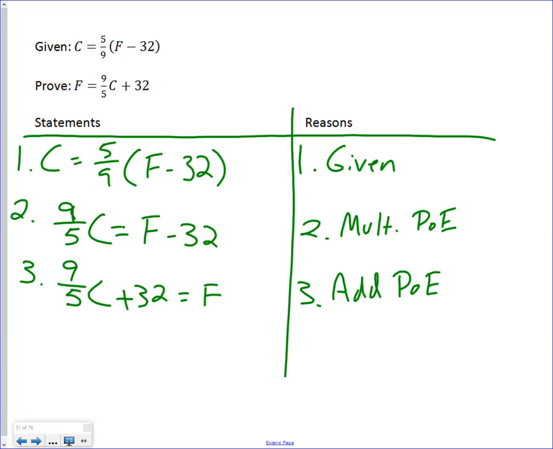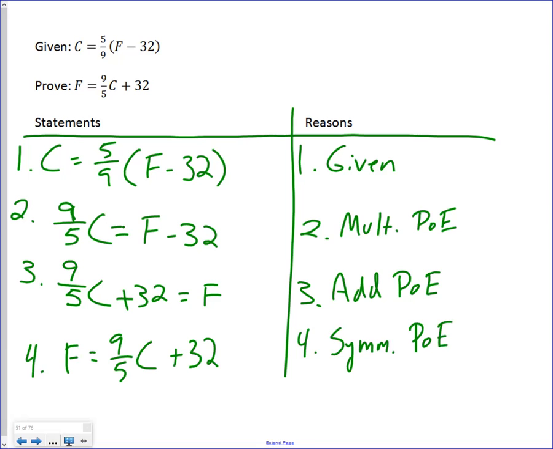Is this what we are trying to prove? No, it is very, very close, right? But to be done, it has to look exactly like this. The symmetric property of equality, where we are just switching what's on each side of the equal sign.